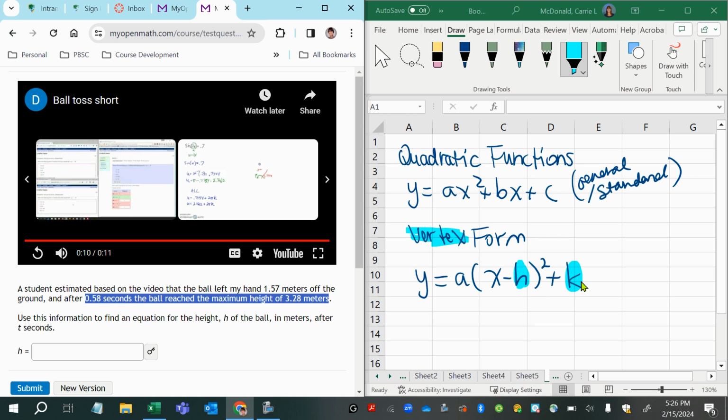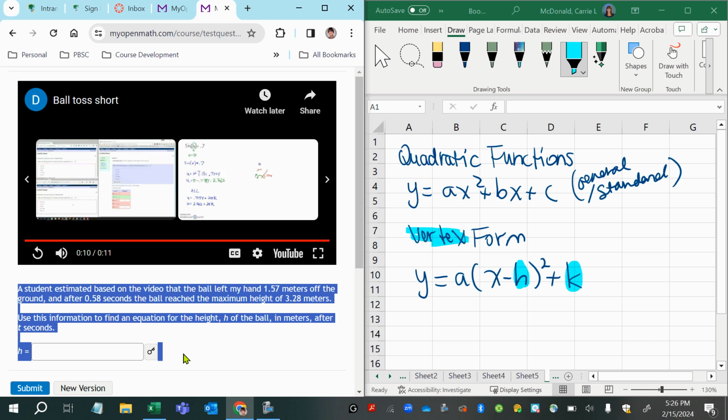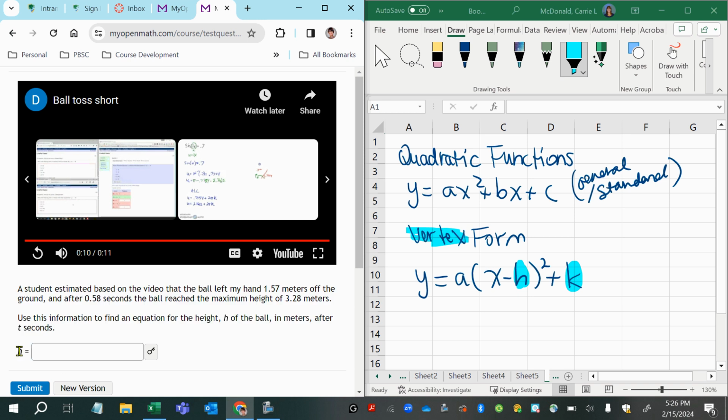And just keeping in mind that the h in this formula is not the same h that's used in the presentation of this problem. For that reason, we'll put h and t back into the equation when we go to enter the final answer. But in the meantime, instead of using h for the height, I'm just going to use y.